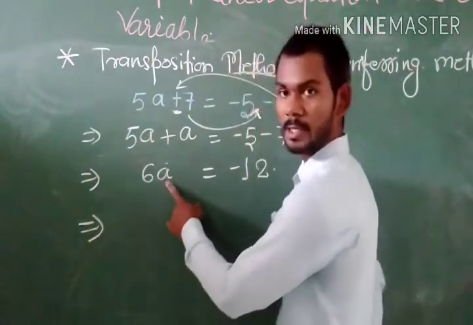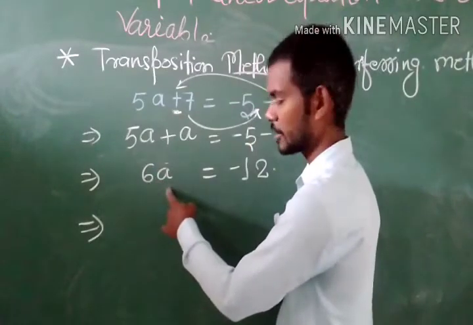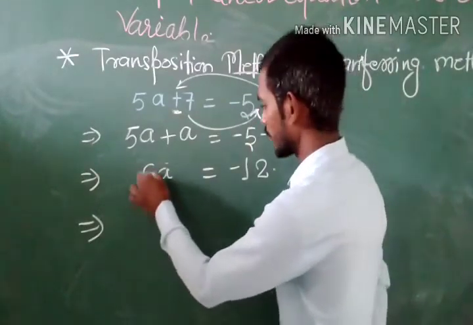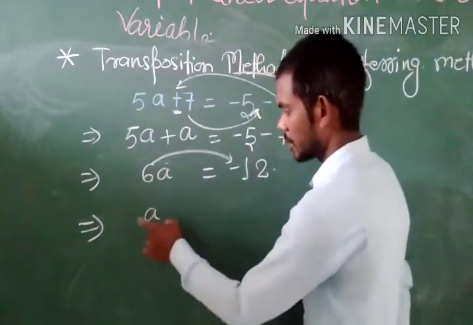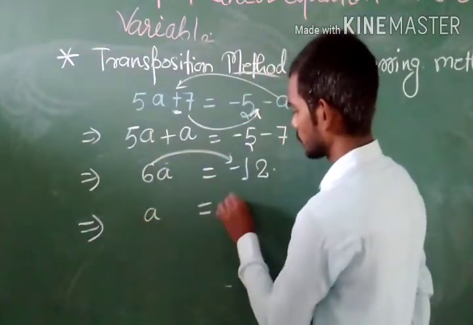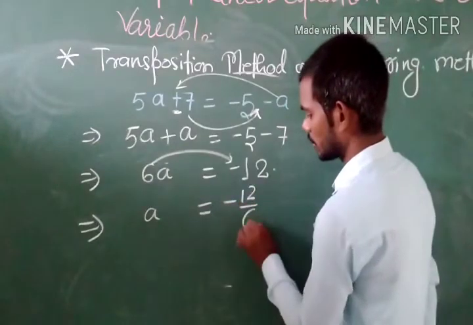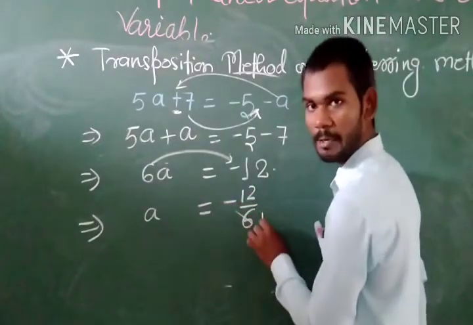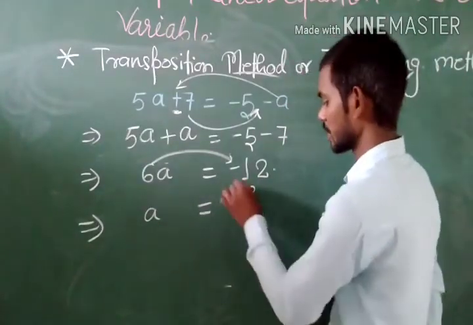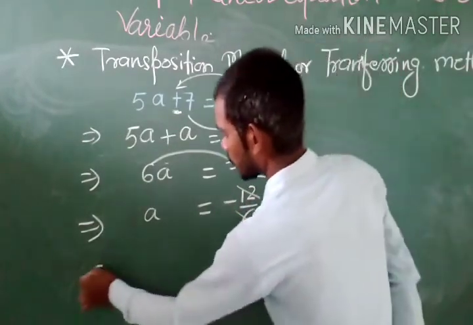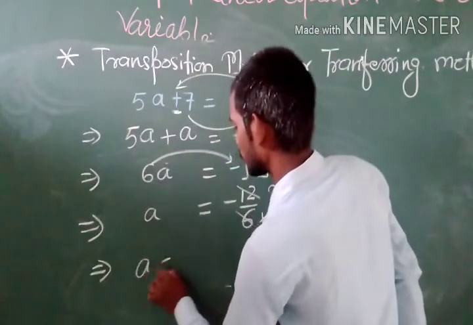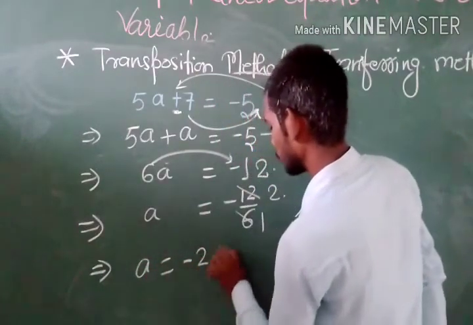Here we can see that 6 is multiplied with a. So when 6 goes to the right hand side, it becomes divided and we have a is equal to minus 12 upon 6. 6 multiplied by 1 is equal to 6. 6 multiplied by 2 is equal to 12. So we have a is equal to minus 2.